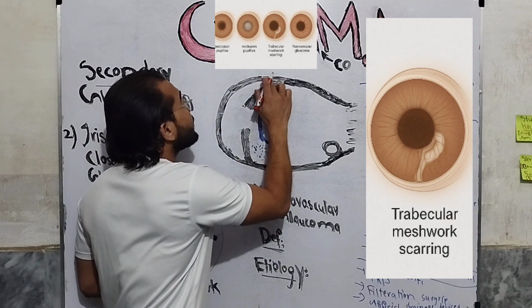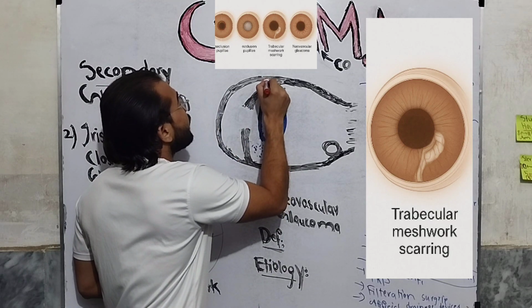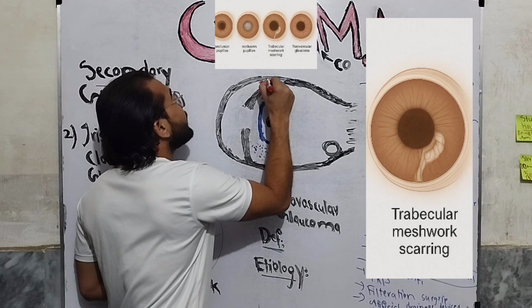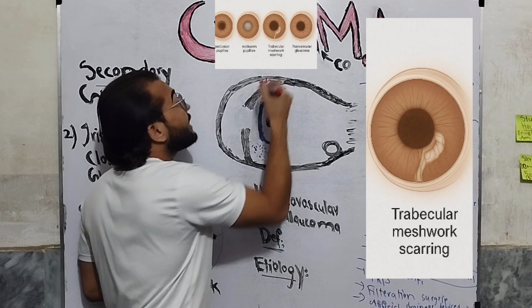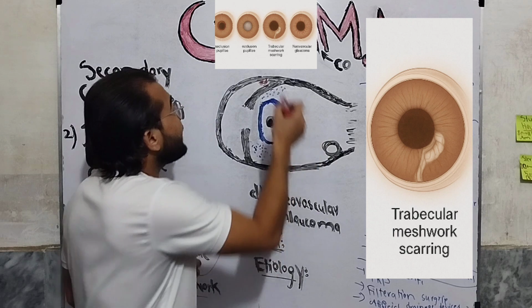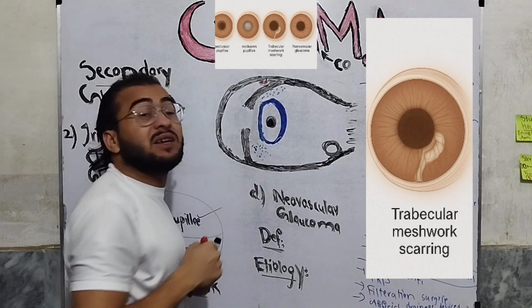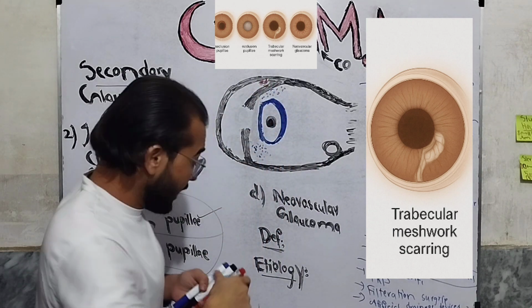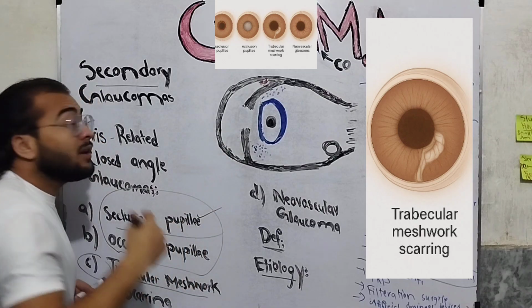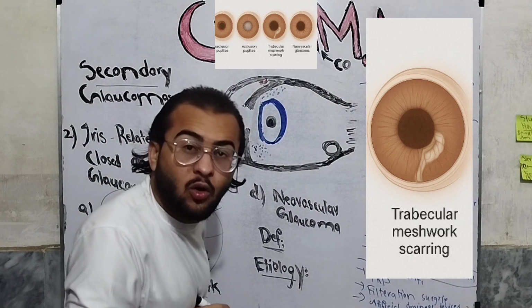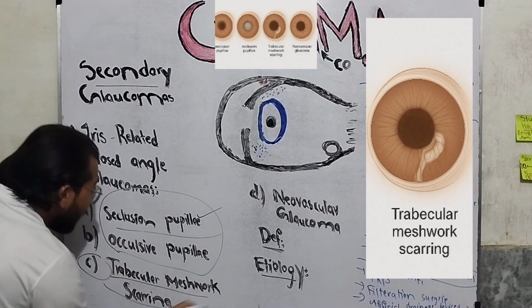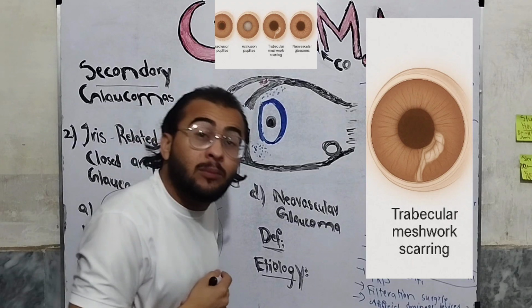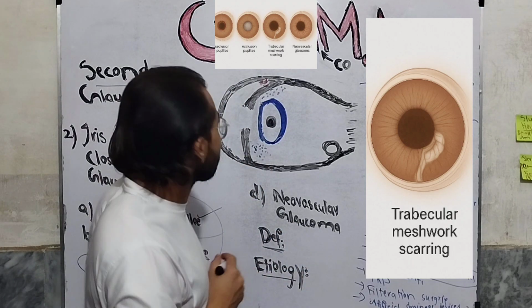When the trabecular meshwork is inflamed, there can ultimately be scarring, and the scarring can close the anterior chamber angle and cause closed angle secondary glaucoma related to the iris.